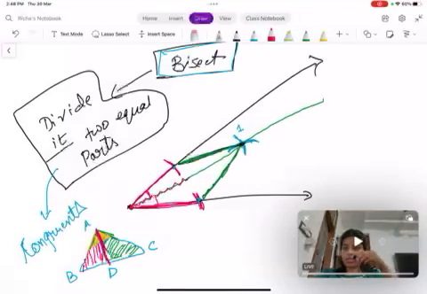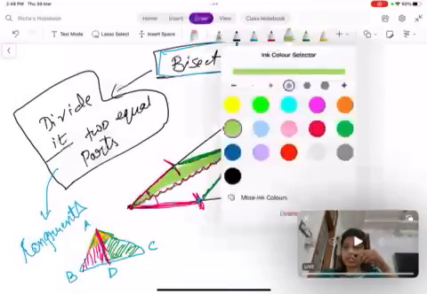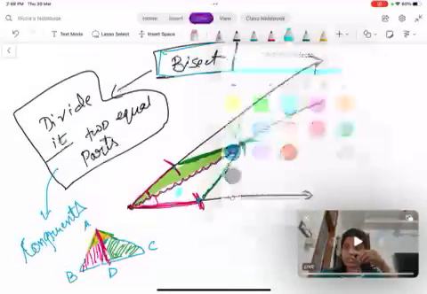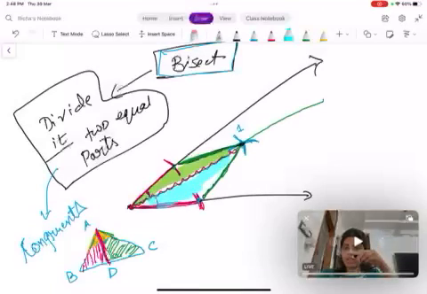So these two triangles are congruent, and therefore the angles will be equal. Equal means it's divided into two equal parts, or I can say I have bisected the angle.